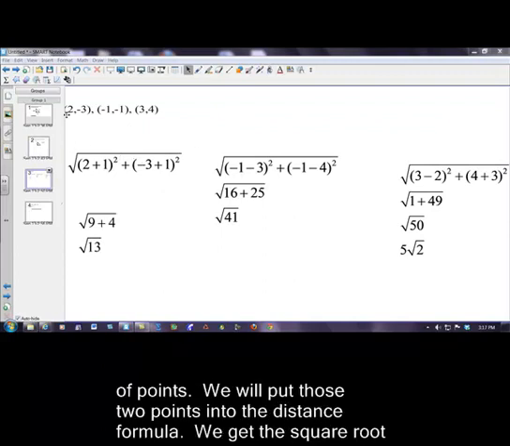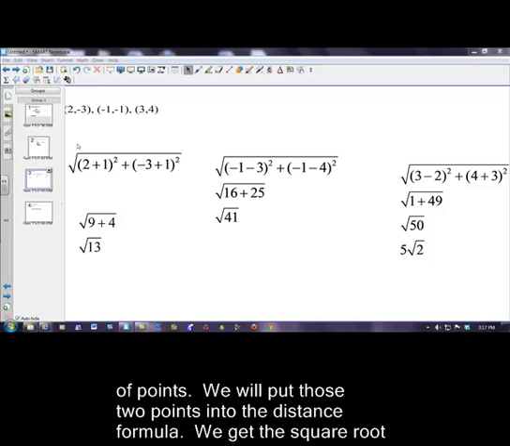So we're going to first take the side which has the points 2, -3, and -1, -1 on its side. And we're going to just put those 2 points into the distance formula.